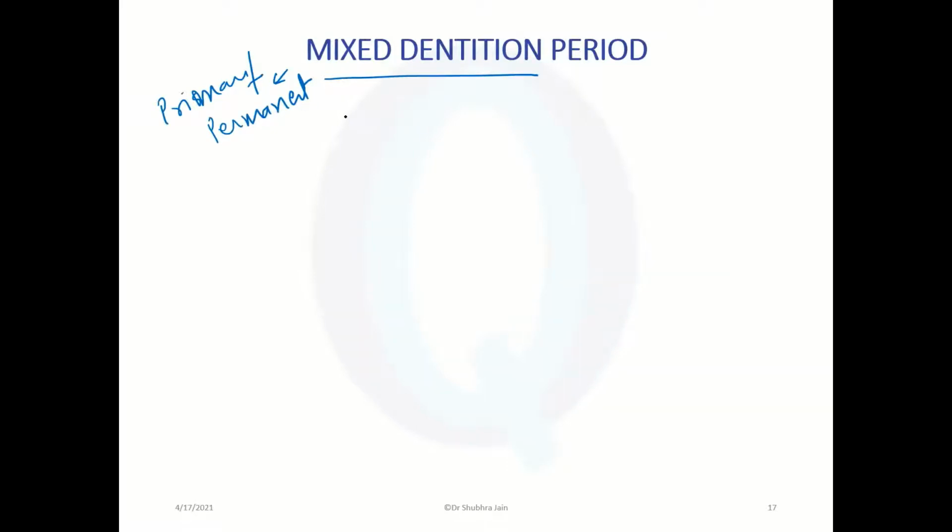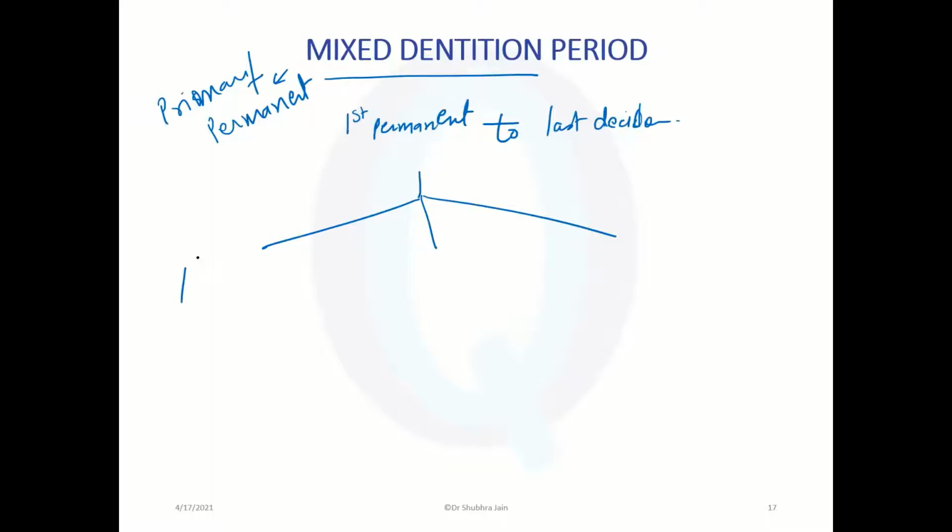So this starts from the eruption of the first permanent tooth to the last deciduous tooth. Okay, easy. So it is divided into 3 stages. First transition, intertransition, and second transition.